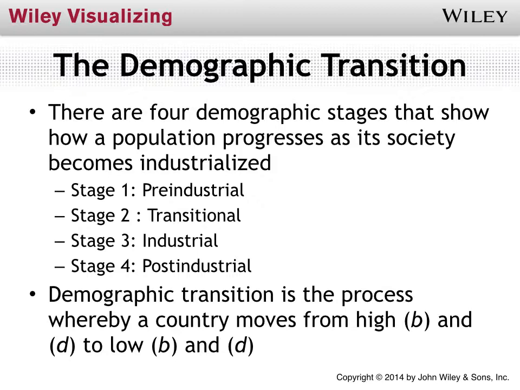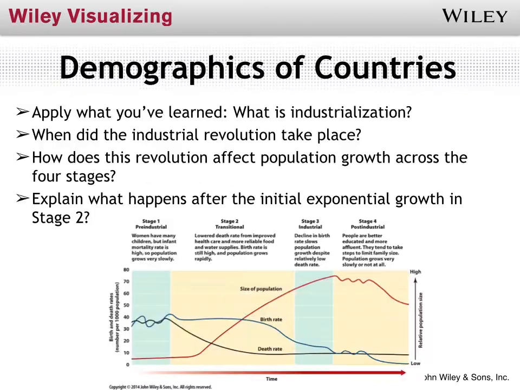And again, we'll look at the graph in the next slide or so. So this process is basically a transitional process where a country moves from very high birth rates and high death rates, again because of lack of clean water, lack of sanitation, lack of medical care, poor nutrition, to, as we move to stage 4, both low birth and death rates.